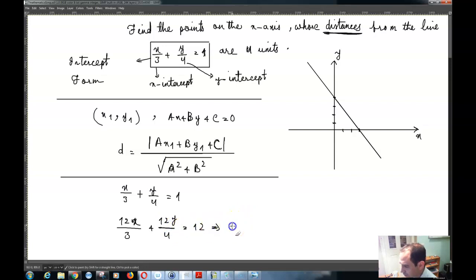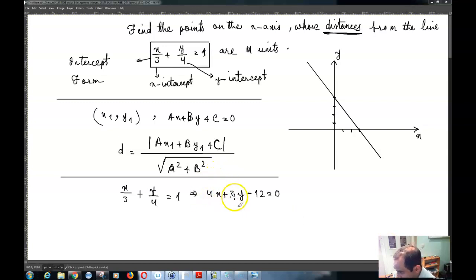That means that 4x plus 3y is equal to 12. Then I bring this to the other side: 4x plus 3y minus 12 is equal to 0. That is the equation of the line in the general form. And now I have my A, my B, and my C.